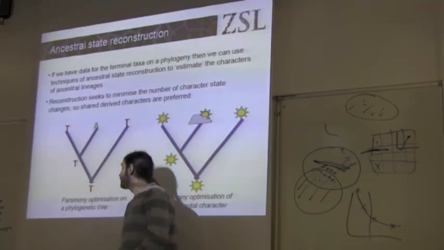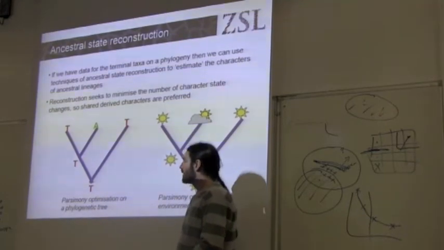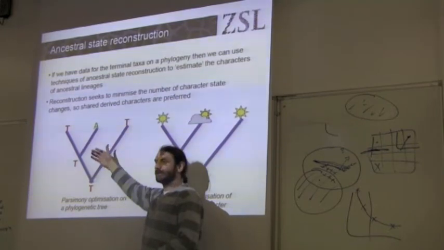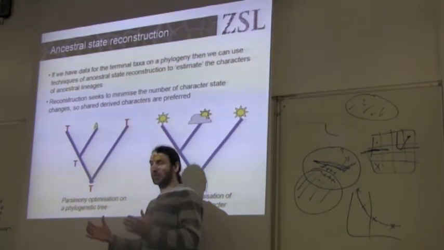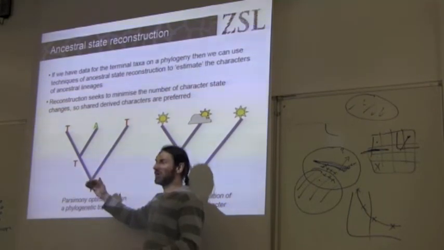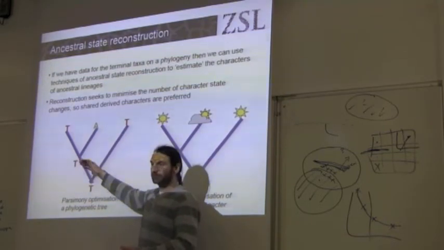Okay? Our assumption here is that the appearance of character states, these are expensive processes to develop new characteristics, and we expect over evolutionary time these things to have happened as little as possible.